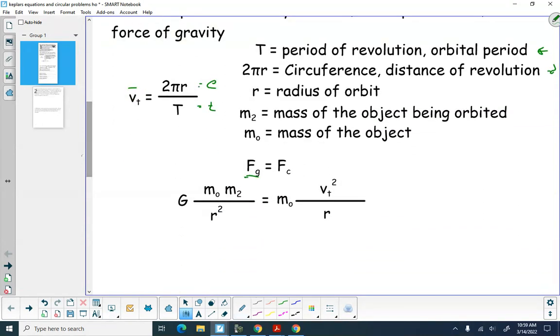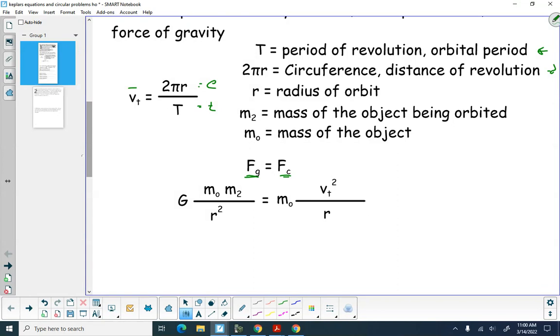This gravitational force between the objects is equal to the centripetal force. What keeps objects going in a circular path? It is the gravitational pull between objects. Without gravitational pull, once again, we don't maintain circular paths.